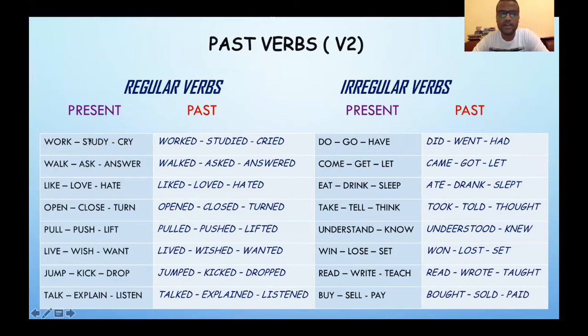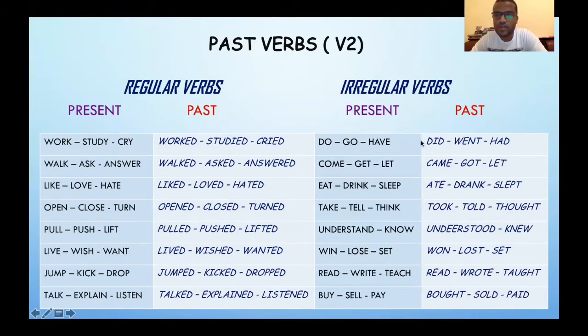For example, we have work, worked, study, studied, cry, cried, walk, walked, ask, asked, answer, answered, liked, loved, hated. All the verbs that you see here are regular. But the other verbs here are irregular.